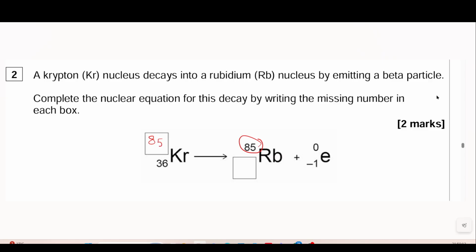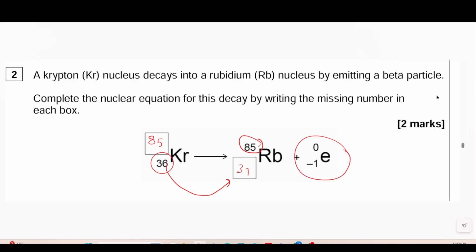But here the atomic number will change. The atomic number will increase. If this is 36, you have to add 1 because here 1 is released, so 37.